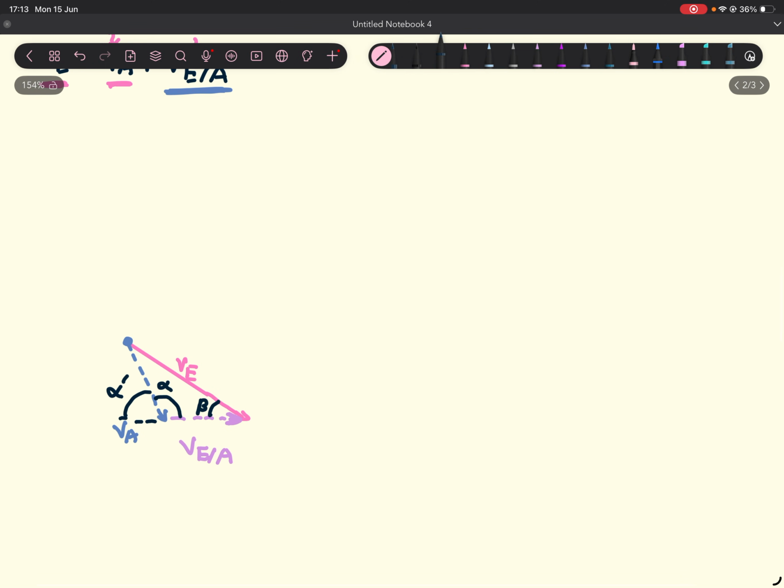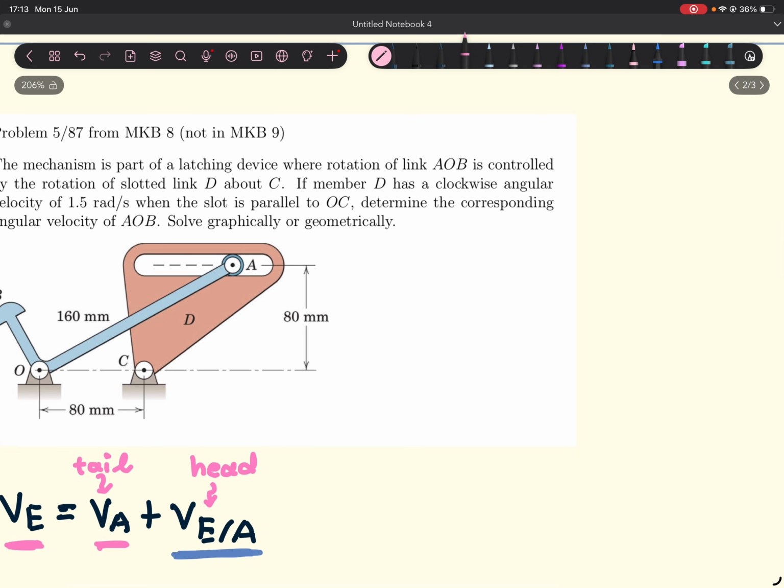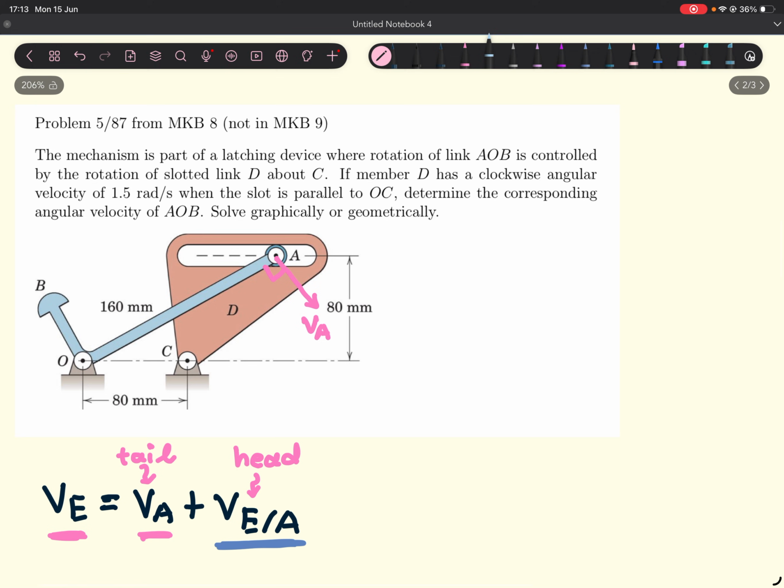So the angle that we want is the angle that VA makes with the horizontal line. So I'm going to draw in VA. I know that VA is perpendicular to the line AO. So that's VA, right?